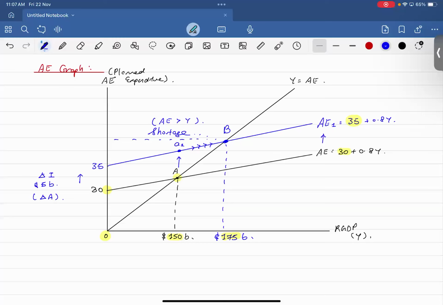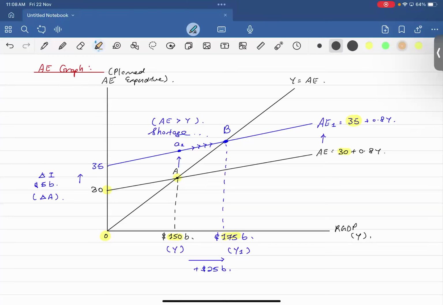This is also 175, but we don't write this one. I just want to let you know. So this one I remove it. That is your new output. From the initial output to your new output, you can see that your output increases by 25 billion.